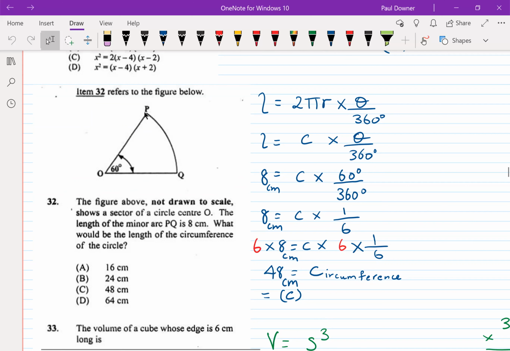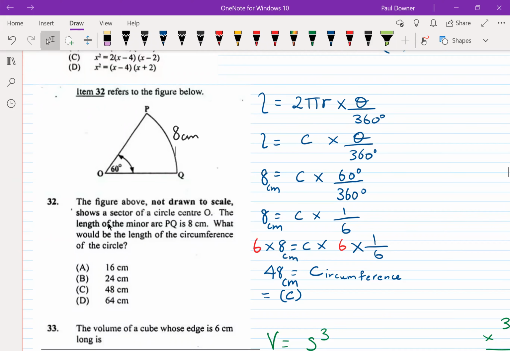So if I extend this all the way around, I would form a circle, but this is just part of that circle. The length of the minor arc PQ is 8. So from here to here is 8 centimeters. Okay, great.